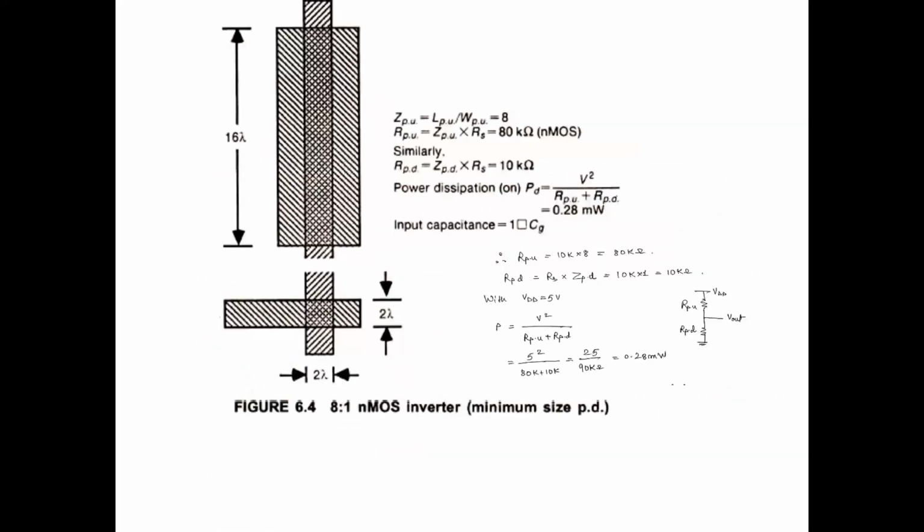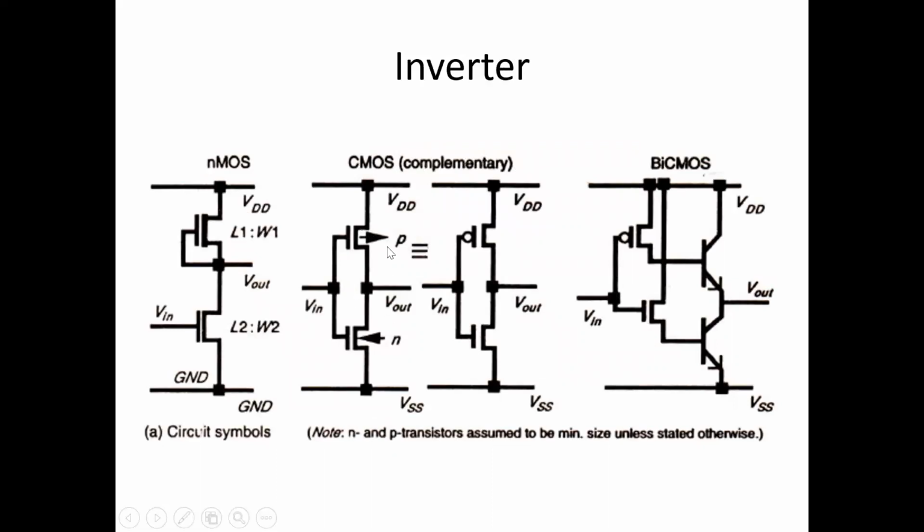Similarly, when we come to the CMOS inverter design, we have already studied how, as the length and width of the NMOS or PMOS vary, the switching characteristics or the transfer characteristics of the inverter vary as beta P by beta N varies.